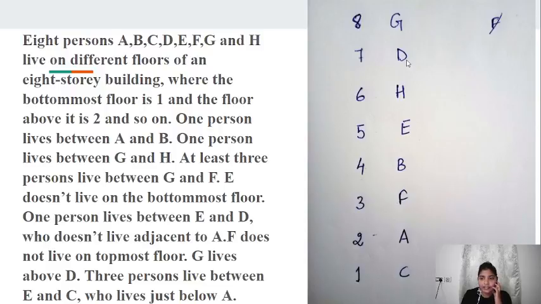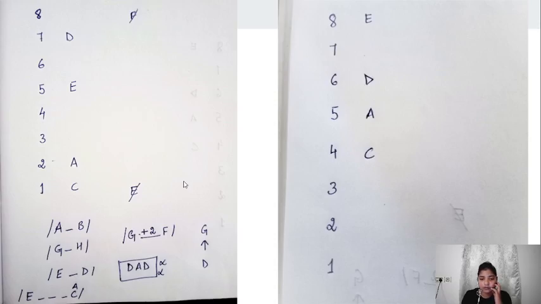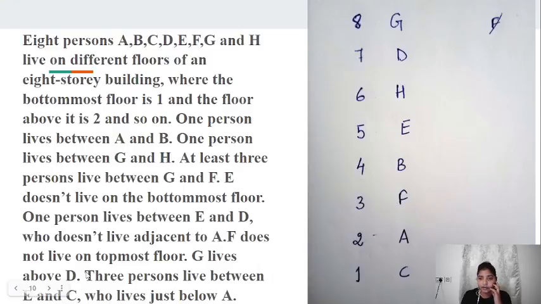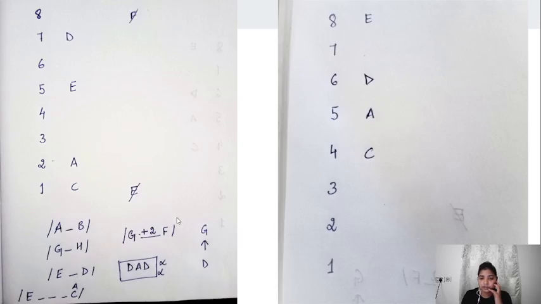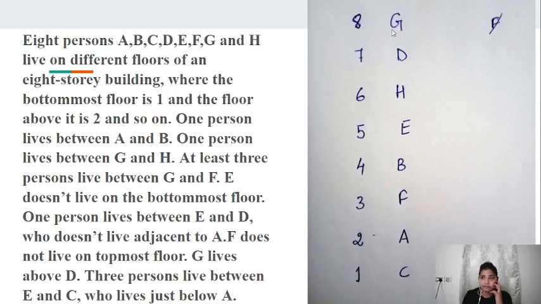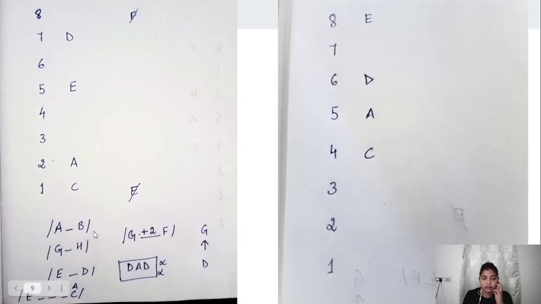Then we will write E, D, because only one person is there, and then G will be above D, because here is the condition. G will be above D, we have only one place left. Then G, 1 person between, and then H, right? Then we have only these 2 places.